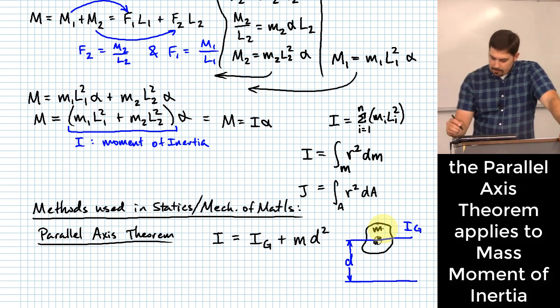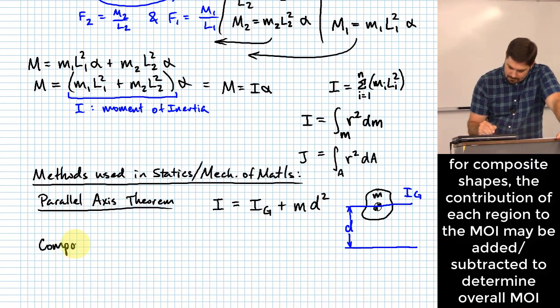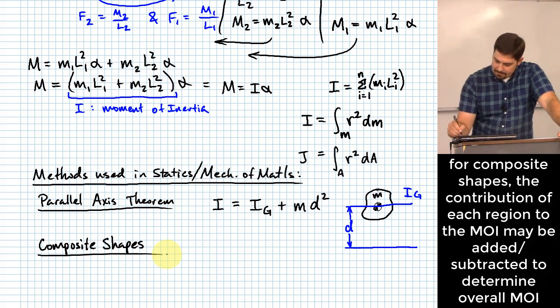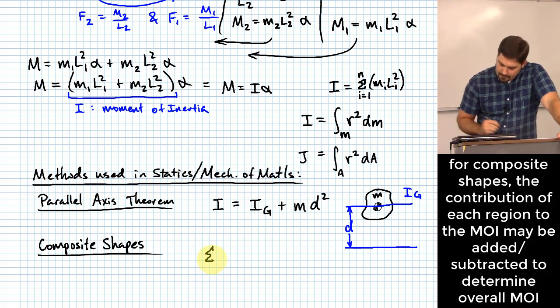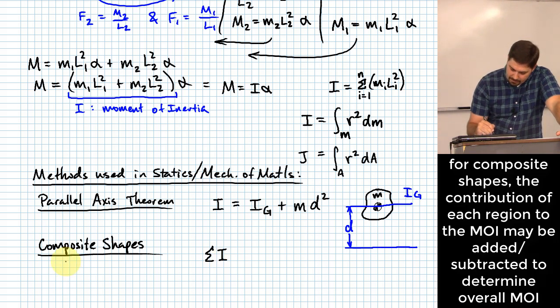Okay. What about dealing with composite shapes? What you do with composite shapes is you literally take the sum of these moments of inertia about an overall center of gravity. So let's say you have a certain number of shapes. You have like a little circle, you have a little square, whatever.